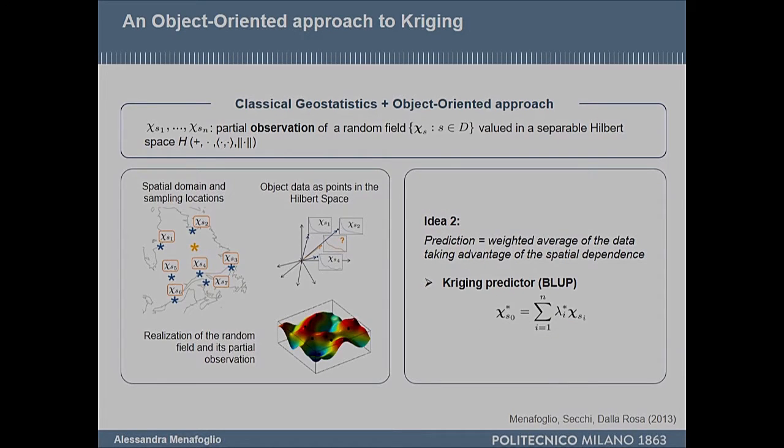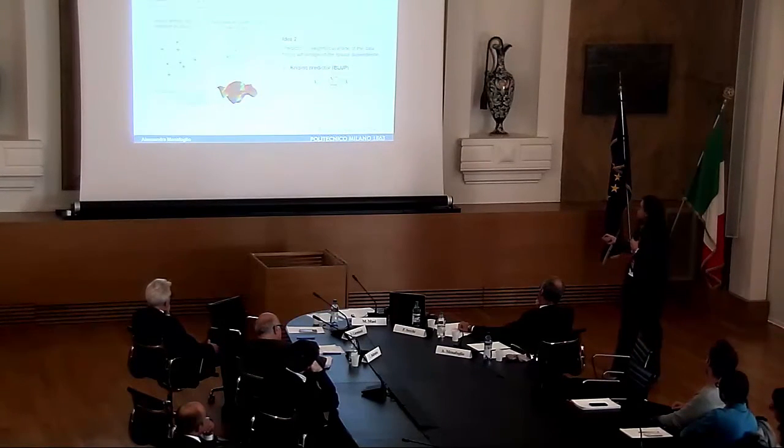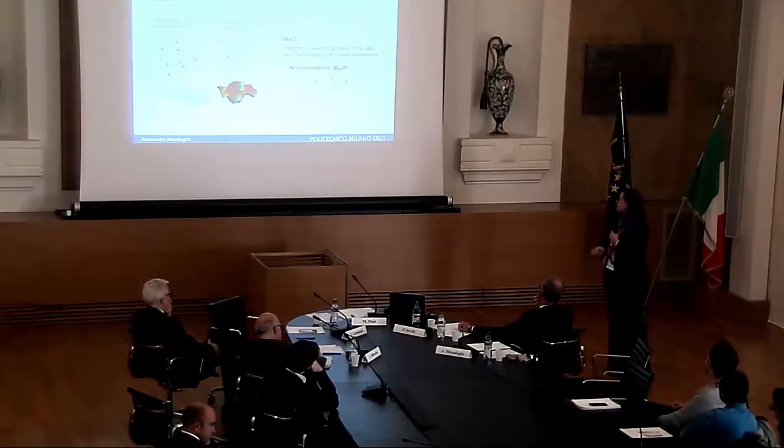Now, the second idea is the one about prediction. So we want to take a weighted average of the data, accounting for the spatial dependence. So we look for a Kriging predictor that is the best linear unbiased predictor, where here we have scalar weights that we need to find, and these are the data. So this is a linear predictor in our Hilbert space.